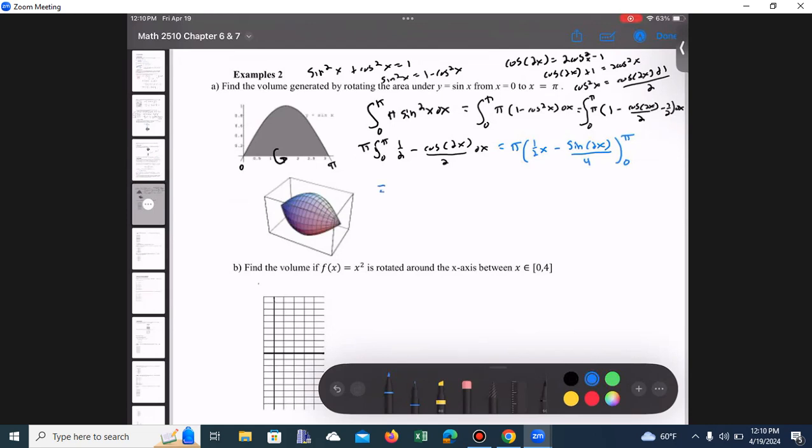So we'll have pi times 1 half pi minus sine of 2 pi over 4, and this is also 0. So it becomes just 1 half pi squared. You can see what value that is. Pi squared divided by 2 is 4.93.